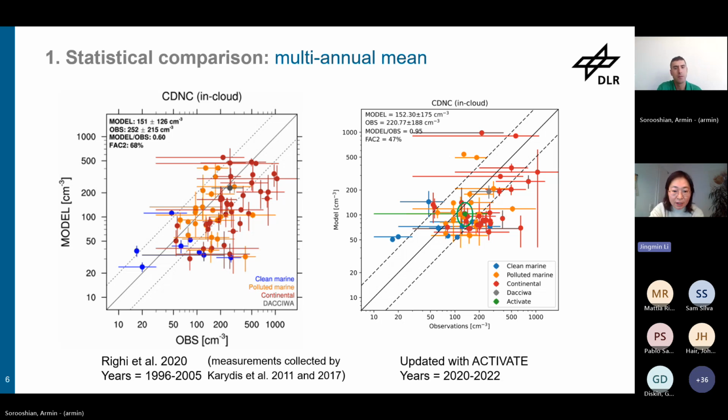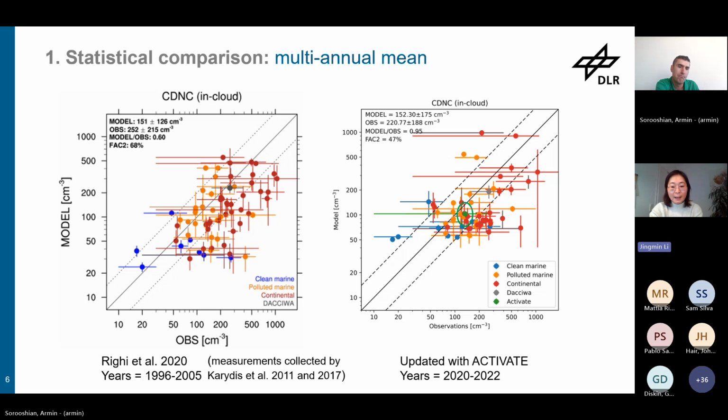The gray dot there is a measurement from DACCIWA. DACCIWA is also a flight campaign, similar to ACTIVATE. The other dots are from satellite observation. From this plot, we see that satellite observation has large variability and also large uncertainty. It seems that our model agrees better with the flight campaign observation, DACCIWA.